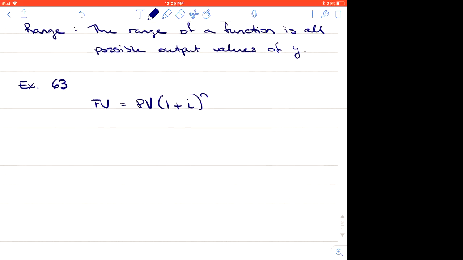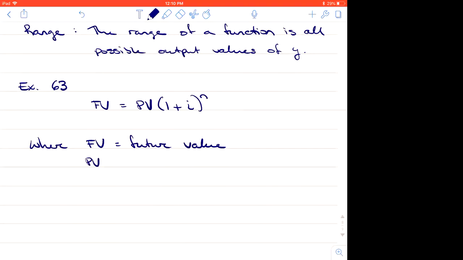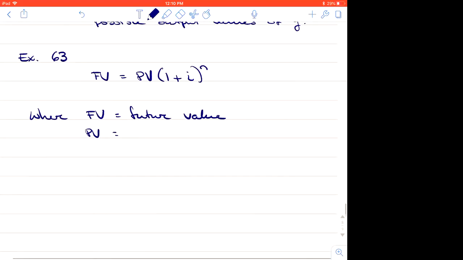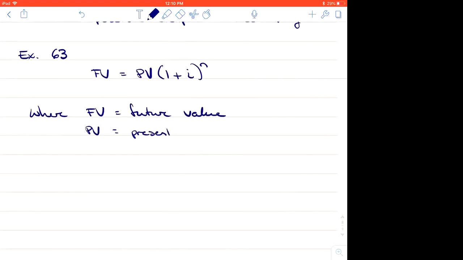Okay. So where the future FV, right, is the future value, PV is the present value, lowercase i in its simplest form is just the yearly interest rate.